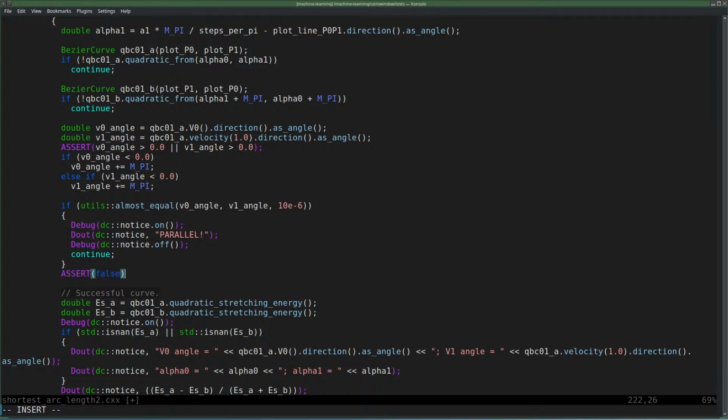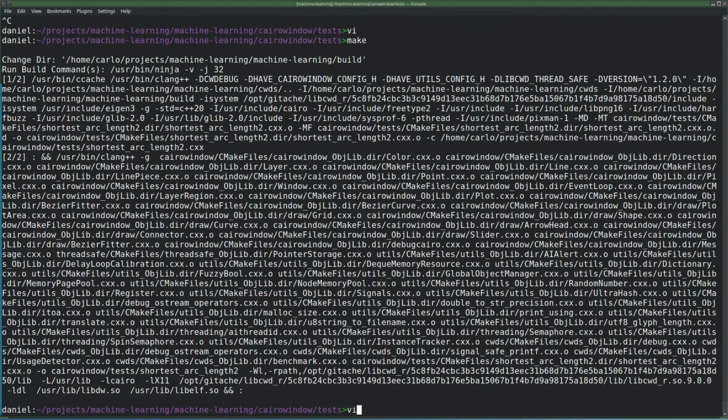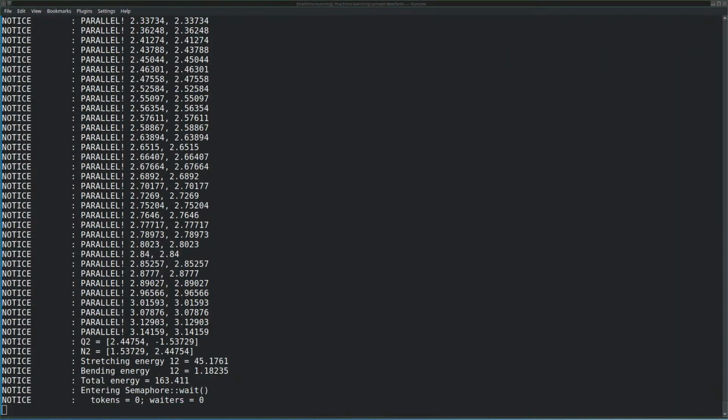Just to check that we never get here, because I don't see any output. Unbelievable.